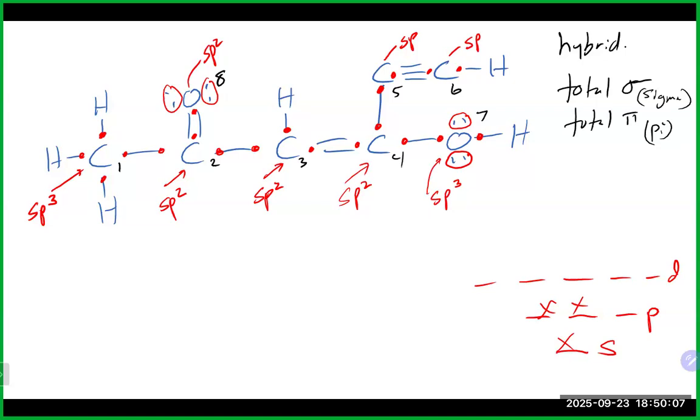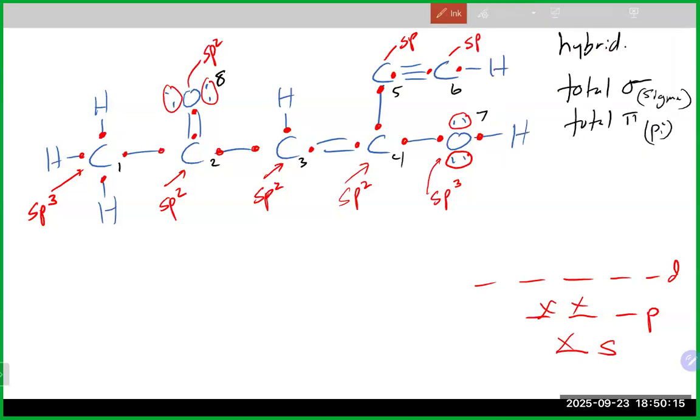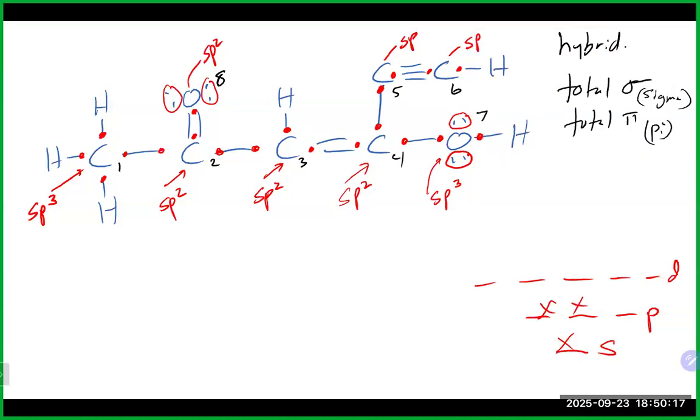All right, now we're going to do the total number of sigma bonds and pi bonds. I'm going to highlight because I'm probably going to miscount along the way. Basically, sigma bonds are our single bonds, the first line of double bonds or triple bonds. I'll go green on sigma. So 1, 2, 3, 4, 5, 6, 7, 8, 9, 10.